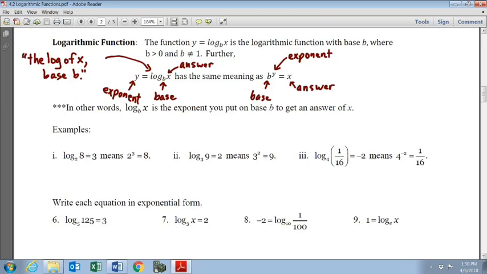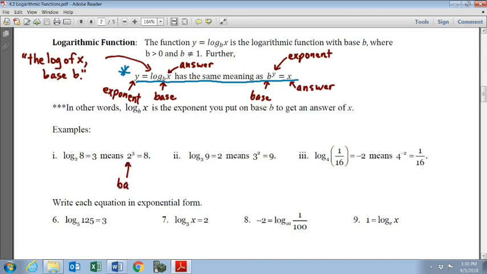So let's look at the examples here. Before I do that, again, I want to point out that this is really the second thing you've got to master if you're going to be good at working with logarithms. You've got to know this definition or this relationship and be able to go back and forth between exponential form and logarithmic form.